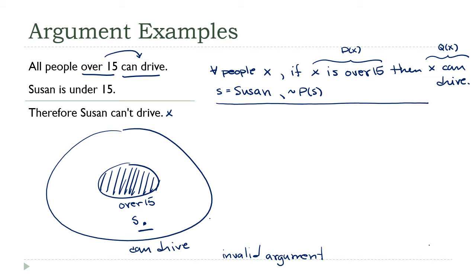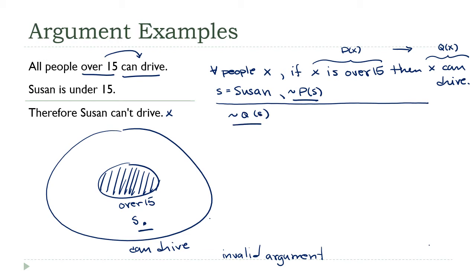Our conclusion is, therefore, Susan can't drive. That's not Q of S. So hopefully you see what's going on here. We started off with P implies Q, not P of S, therefore not Q of S.